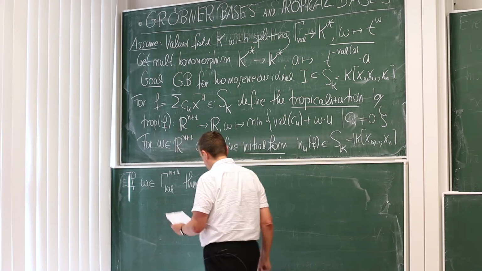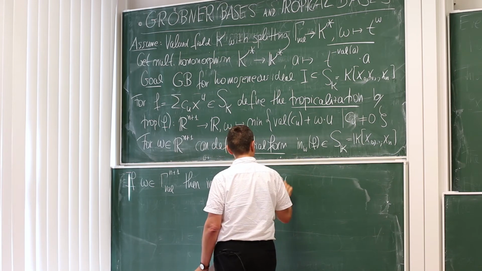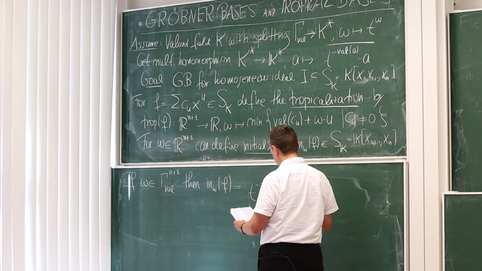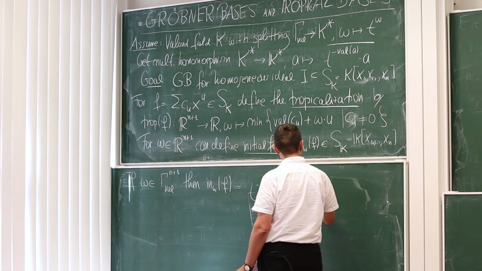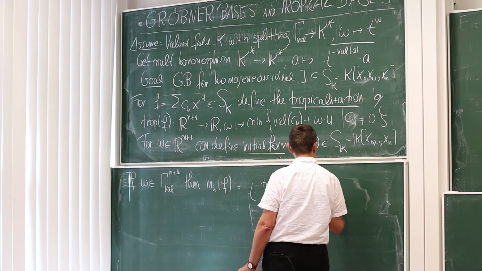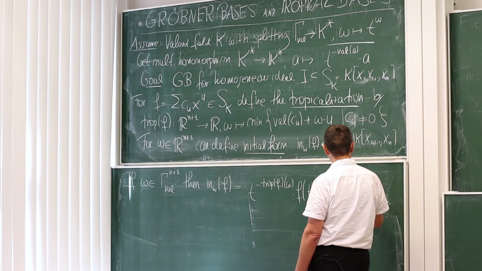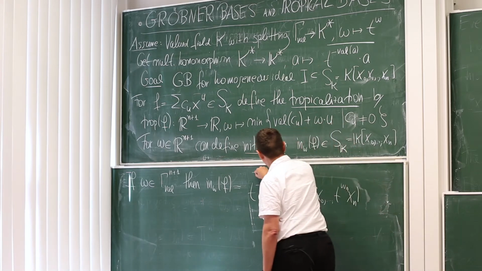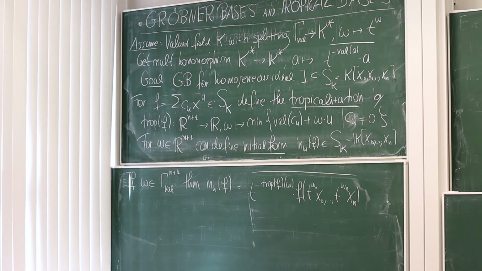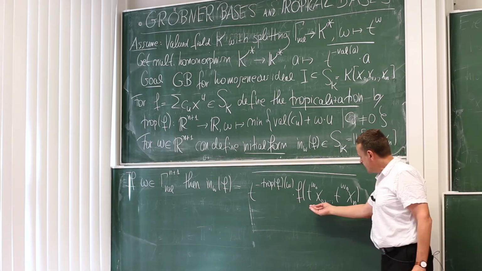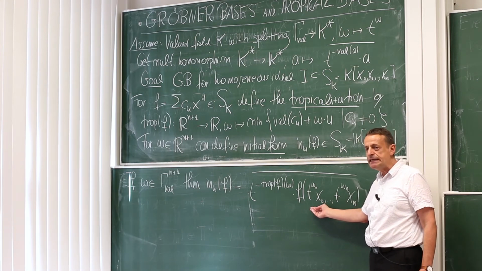The initial form of f is t to the power minus the tropicalization evaluated at w, times the polynomial f(t^w0 x0, ..., t^wn xn), and the whole thing barred. Okay? So this is a little easier. So what am I doing? I'm taking my classical polynomial and I replace x_i by x_i times t to the w_i.